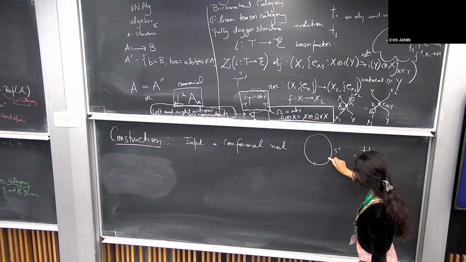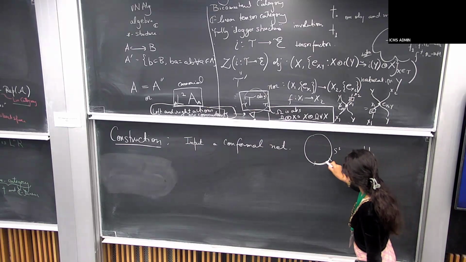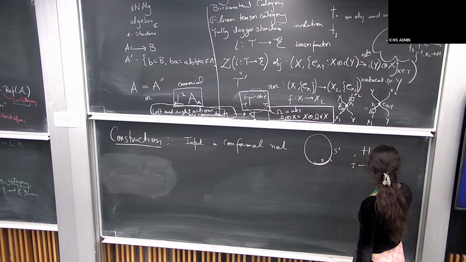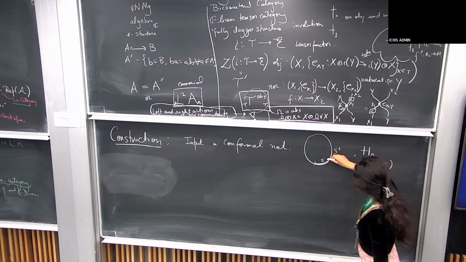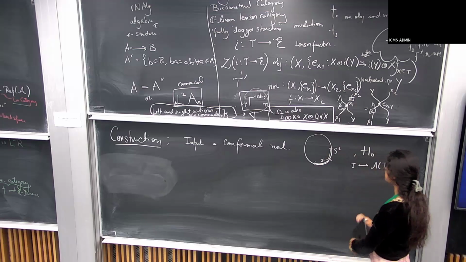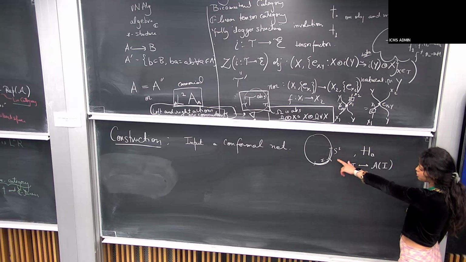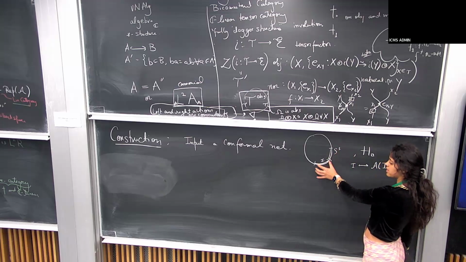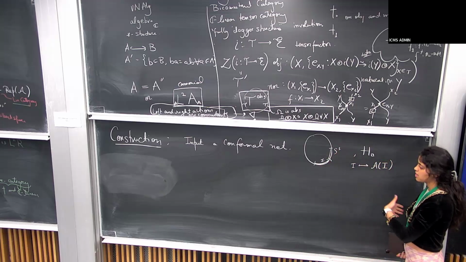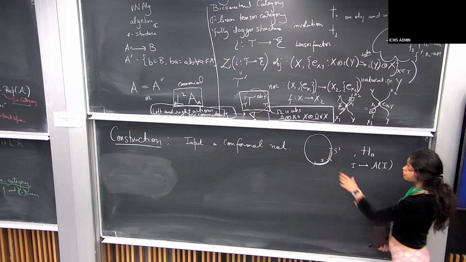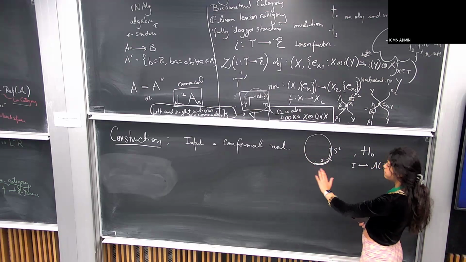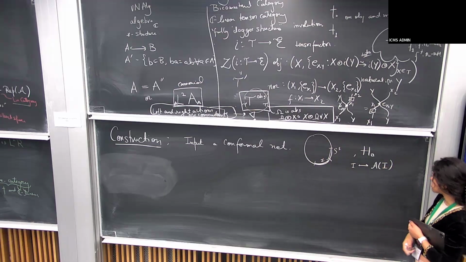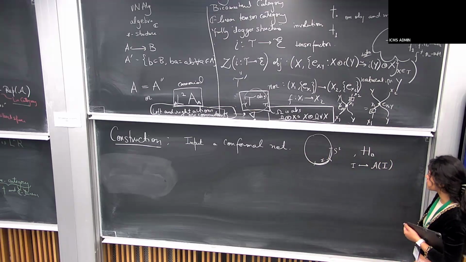To every interval of this circle, I assign a von Neumann algebra A of I, such that this satisfies the conditions that we have seen a lot of times this morning, which is isotony. If my interval lies in a bigger interval, then that gives me an inclusion of the algebras. If the two intervals are separated, they do not intersect, then their algebras commute inside the bounded linear operators.